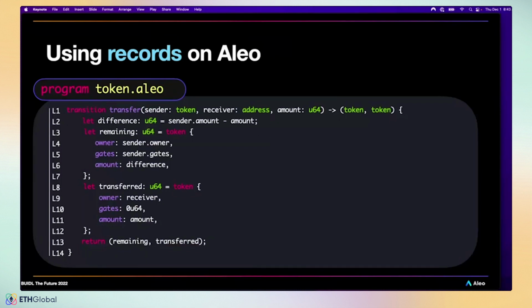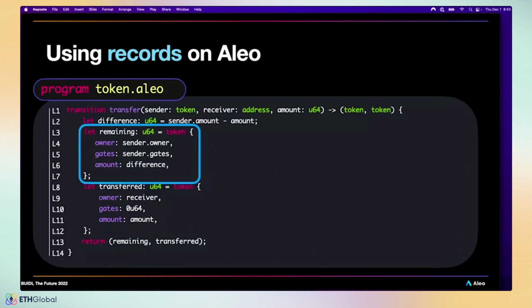And then on line 3, we construct a record for the remaining balance for the sender, and then on line 8 we construct a record for the amount for the receiver. And then on line 13 we send these out.